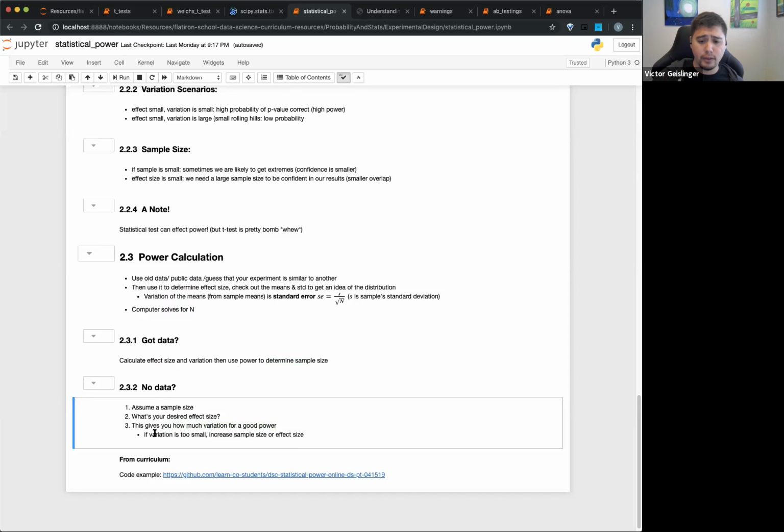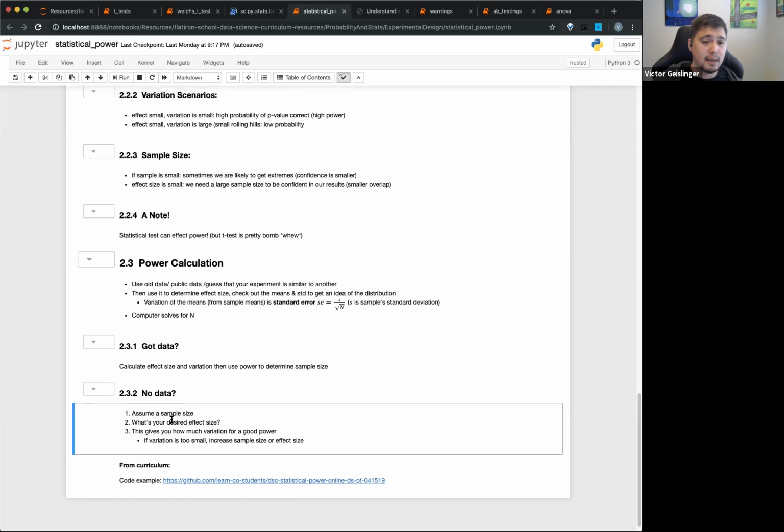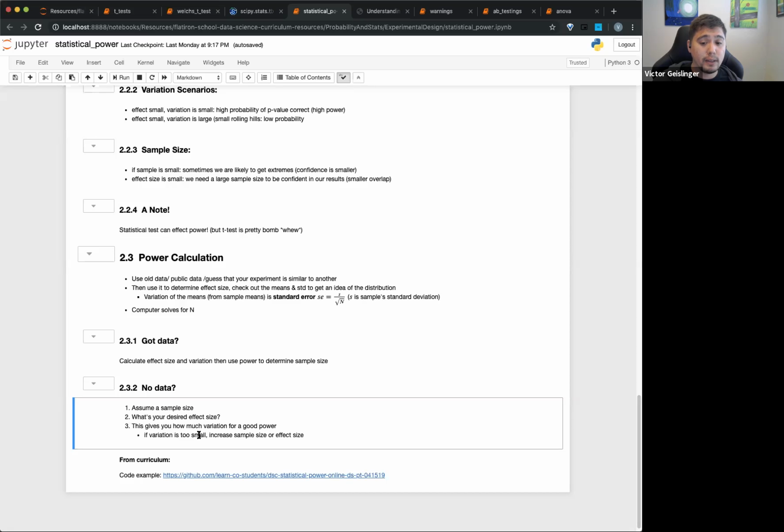And if it's too small, you just increase the power, or sorry, increase the sample size. Or you can say, well, we're looking for a larger effect size in order for us to do this part. So you can kind of iterate over this to get an idea of what kind of power you really need. But this is kind of leading into what we would get for our A/B testing.